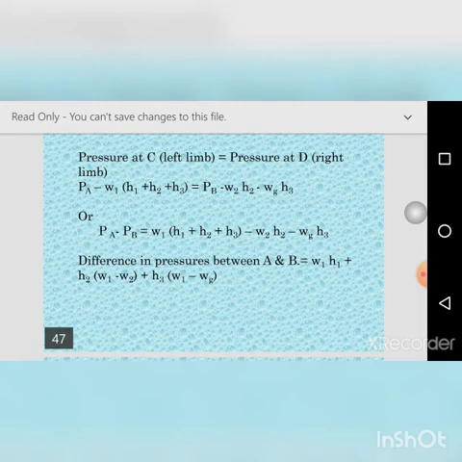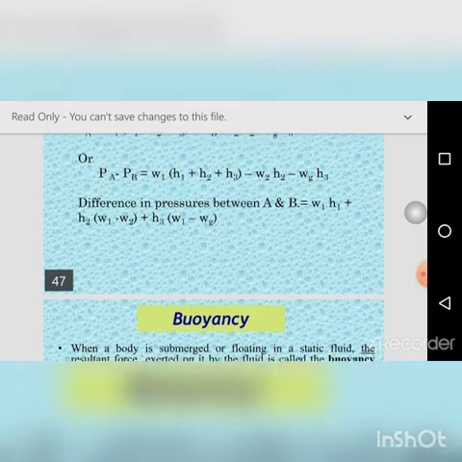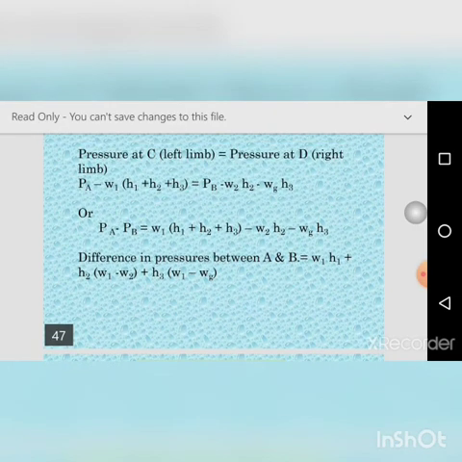Okay. Difference in pressure between A and B is given by this expression: W1 H1 plus H2 into W1 minus W2 plus H3 into W1 minus W_g.